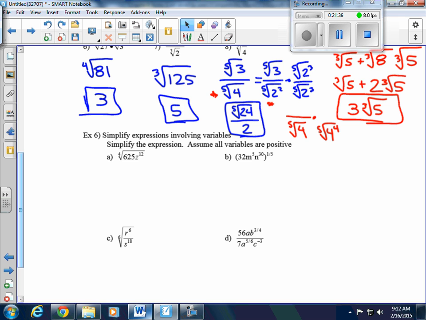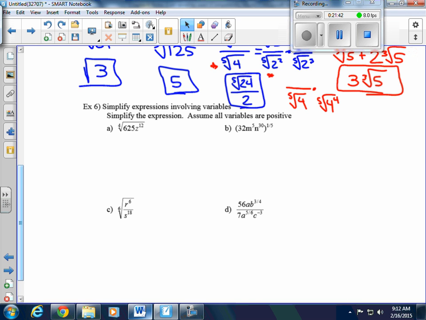Now, there's a couple of different ways to do this. One of the easier ways to do this is change them all into rational exponents. Now remember, we know that this index number is our denominator if we write it as a rational exponent. So if we do this, we're going to have 625 z to the 12th raised to the 1/4 power.